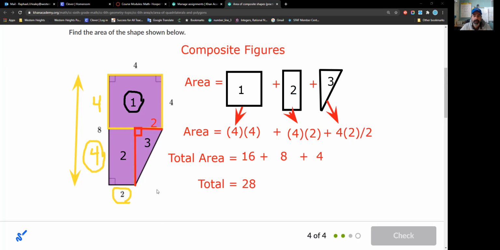There you go. That is Composite Figures on Khan Academy. So please go there now and do your practice work.